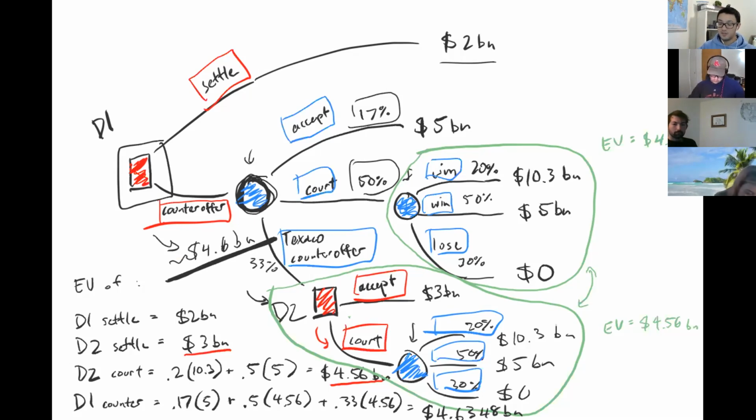Okay, and if you so happen to go all the way to your second decision node, then you would choose to go to court rather than accept the counter offer, because the expected value of going to court is higher.